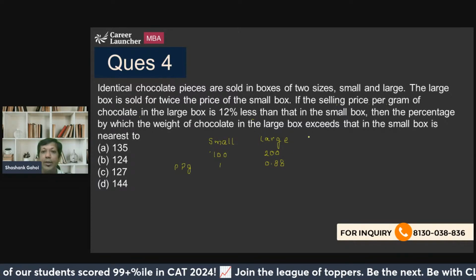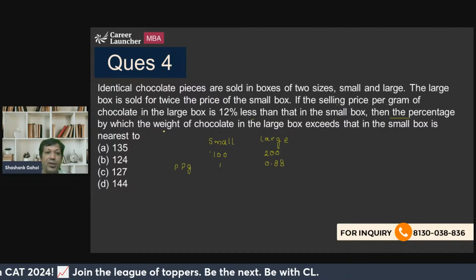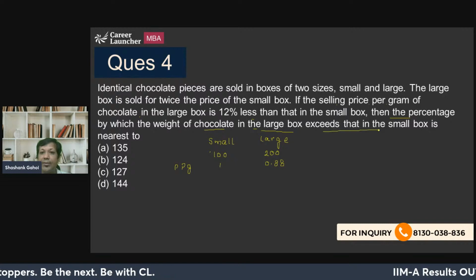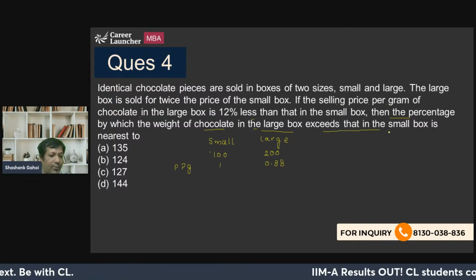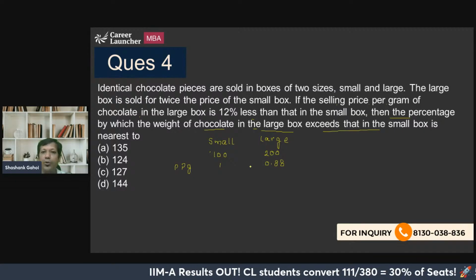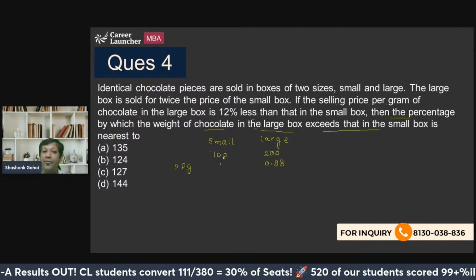Okay. Now, what does it ask? Then the percentage by which the weight of chocolate in the large box exceeds that in the small box. Okay, so I'm going to get weights, and from those weights we need to get the percentage change. So what is the weight of small?